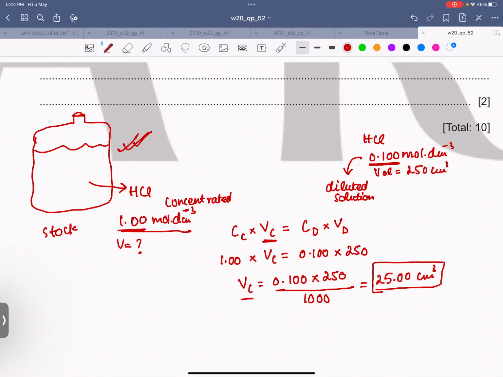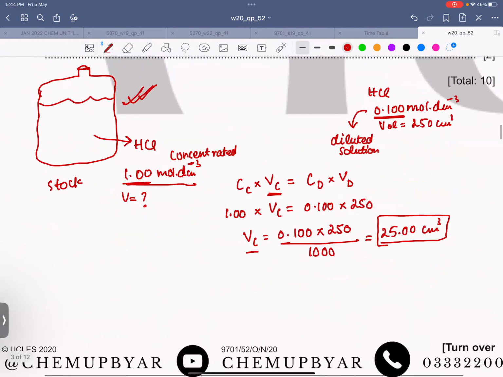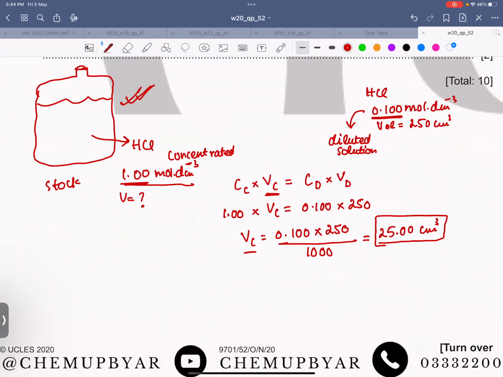Yes, sir. Okay. So whenever we have to prepare a solution from the stock or concentrated solution, we normally use one glassware or apparatus in which we prepare it. Its shape is like this, and it is called a volumetric flask.